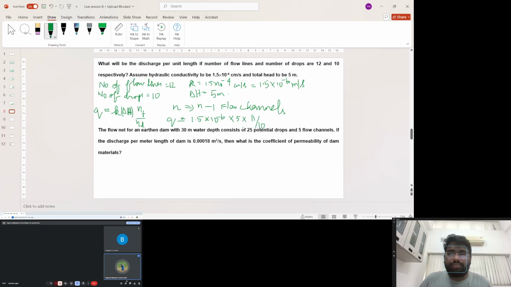So you should be very careful while understanding the question, because NF represents the number of flow channels and not the number of flow lines. If n flow lines are there, then it will be n minus 1 flow channels. So it should be modified accordingly. Please take care of these intricacies when you encounter such problems.